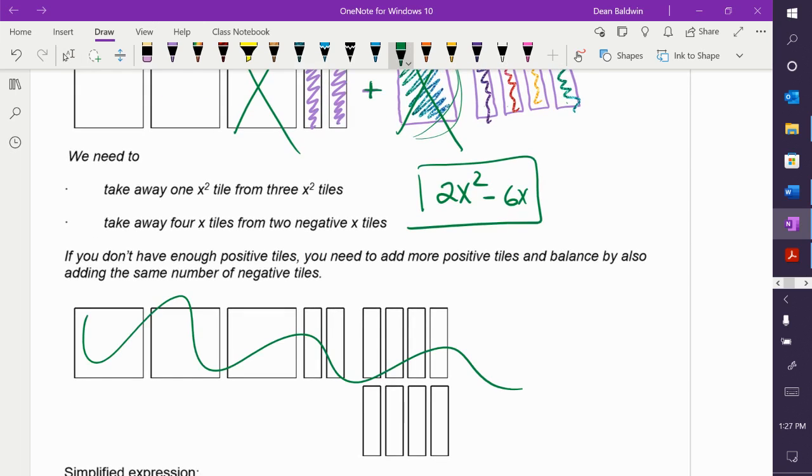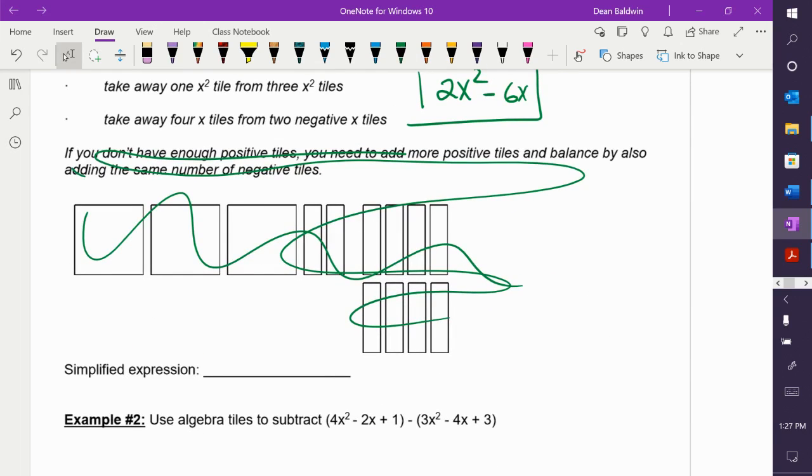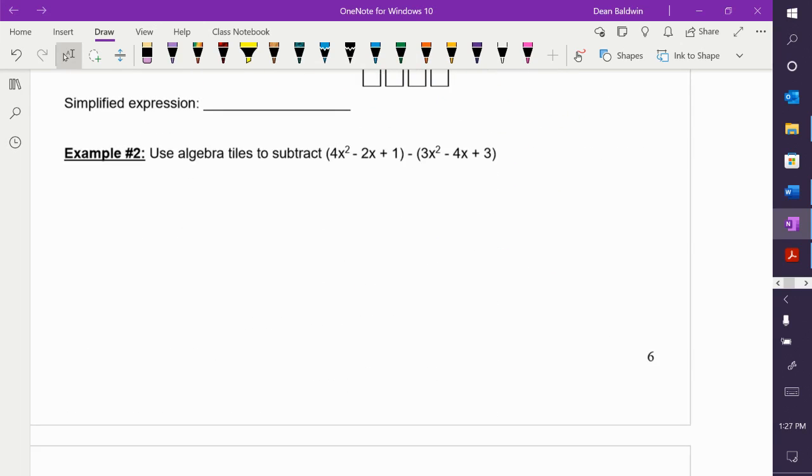We're not doing this because it's a weird way to do it with algebra tiles. Okay, we're going to do one more with algebra tiles, and then we'll move into the more regular algebra. So let's draw the algebra tiles for this. So for the first one, 4x squared minus 2x plus 1.